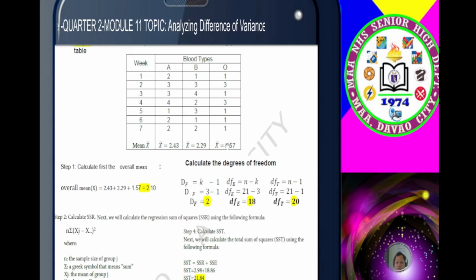Subtracting, the answer is 18. Then for the total, it is n minus 1, so 21 minus 1 equals 20. Or you can simply add these two, 2 plus 18, to get 20.